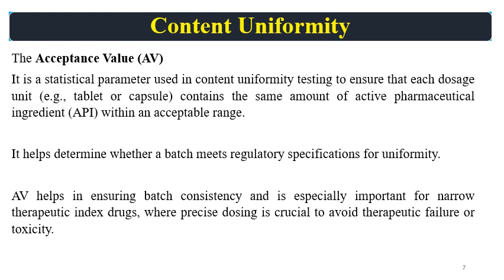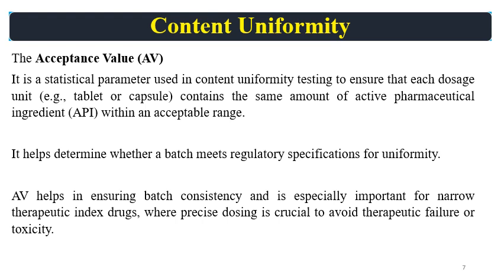And AV value gives you an idea about whether the content uniformity is within the acceptable range or not. It helps to determine whether the batch meets regulatory specifications for uniformity.